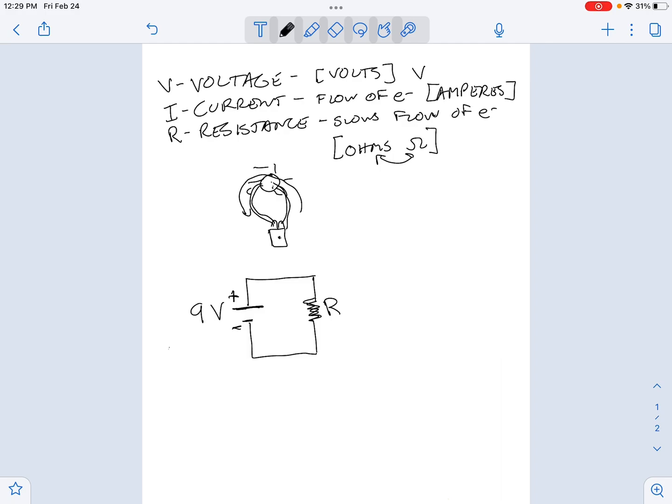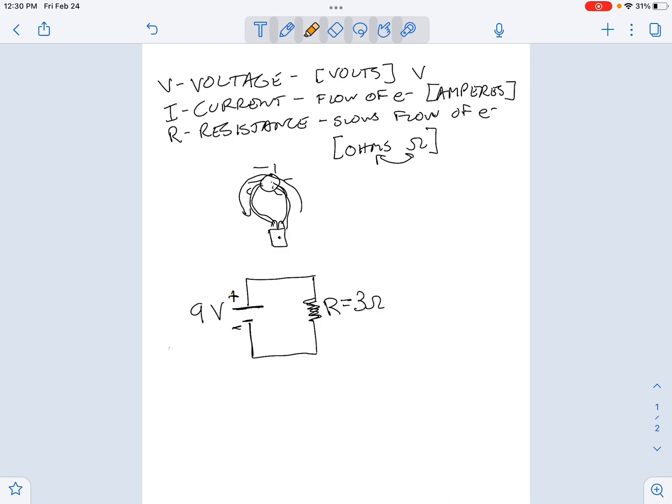Let's pretend that the resistance of that light bulb is 3 ohms, okay? And then these lines as you go around are just the wire that connects the things. So when you connect this all together in a closed circuit, the electrons will flow. Electrons are negatively charged, so they flow from negative over to positive.